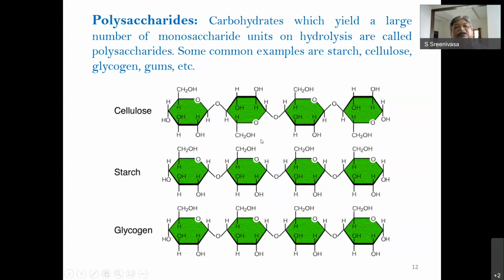Starch is a storage polysaccharide present in the plants. Glycogen is an animal polysaccharide, animal starch you can call. This is the reserve carbohydrate which is present in the liver and muscles.